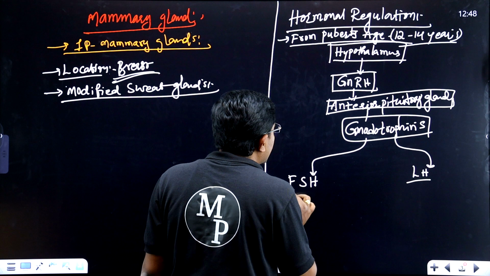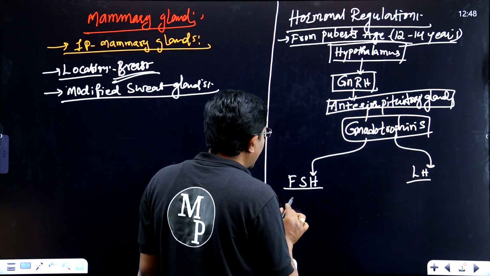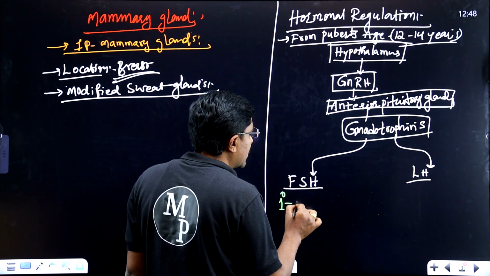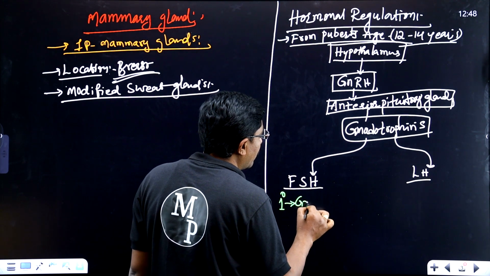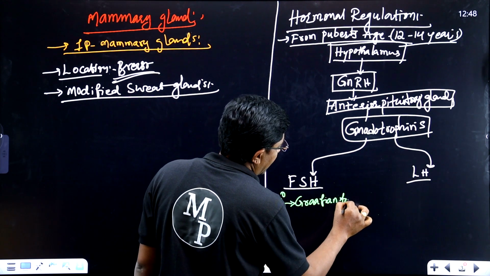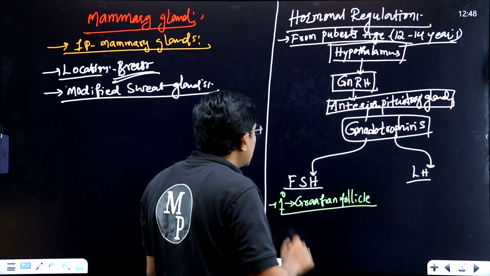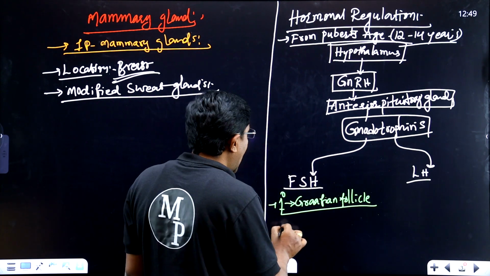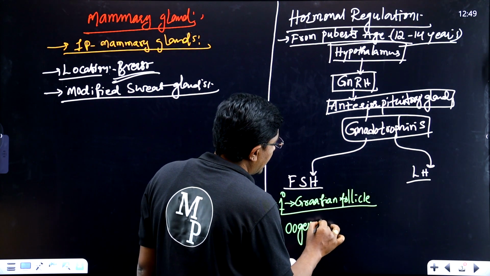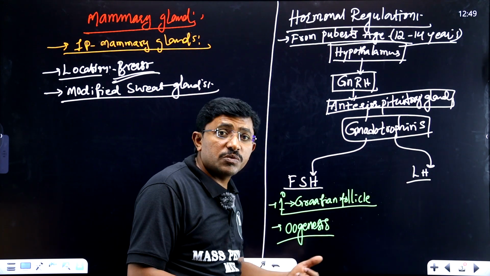The follicle stimulating hormone helps in the development of the primary follicle into the Graafian follicle, and it also initiates the oogenesis process. Oogenesis means production of ova.